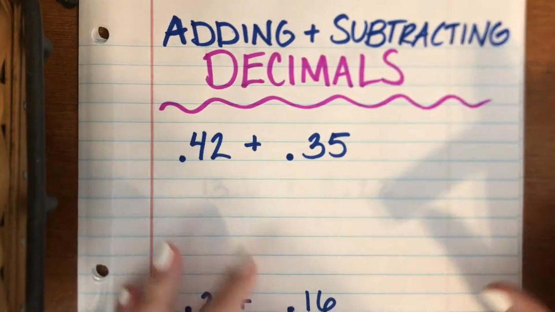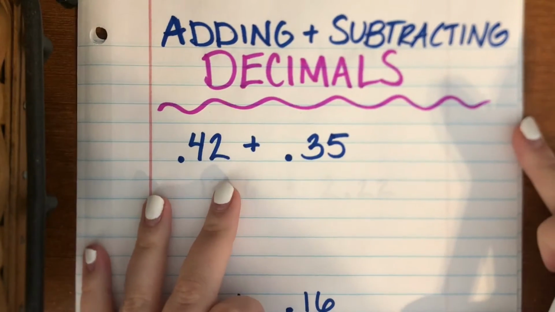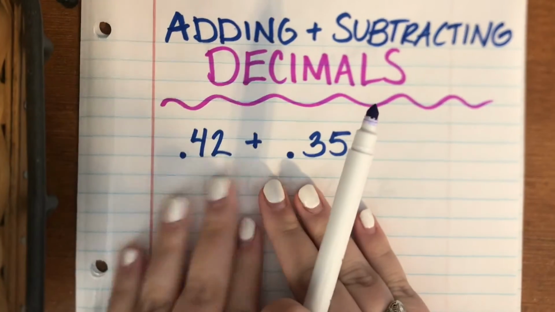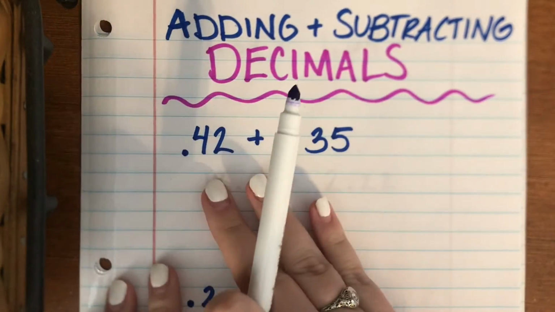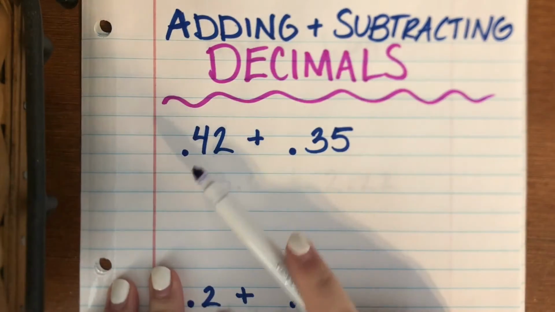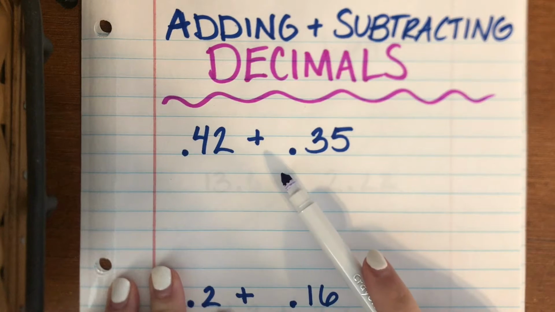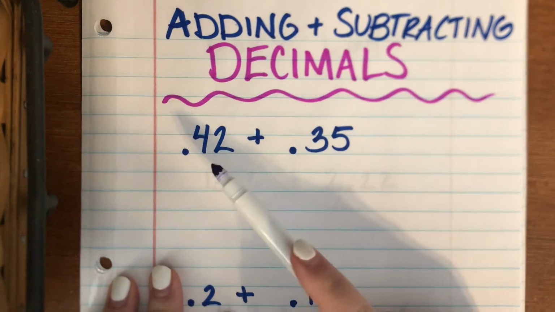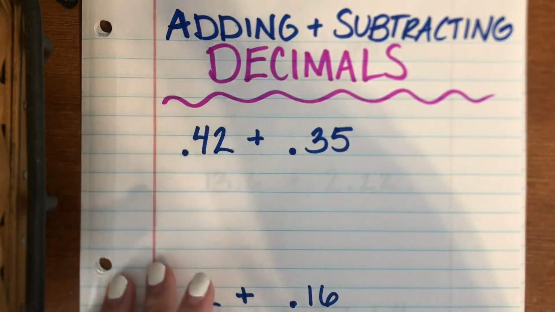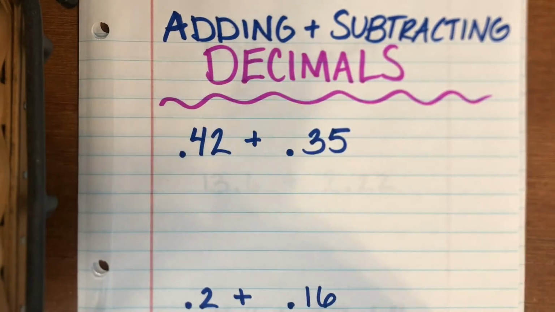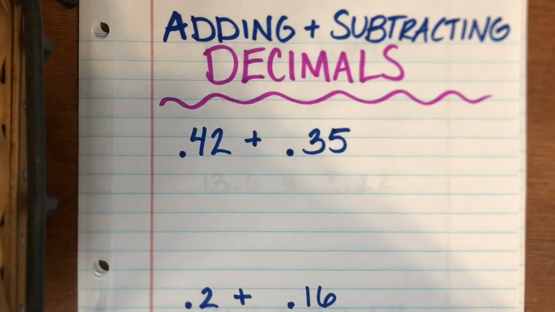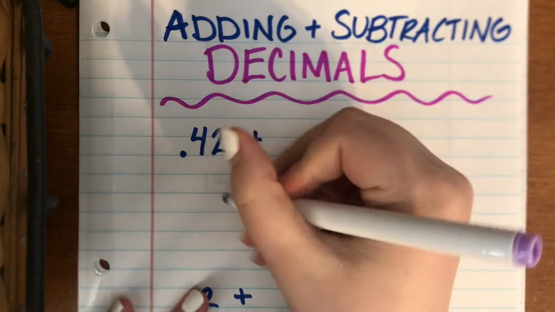So if we have a problem that looks like this, where we have numbers going across, such as 0.42 plus 0.35, otherwise known as 42 hundredths plus 35 hundredths, the best way to do this is to stack our decimals in the standard algorithm way.